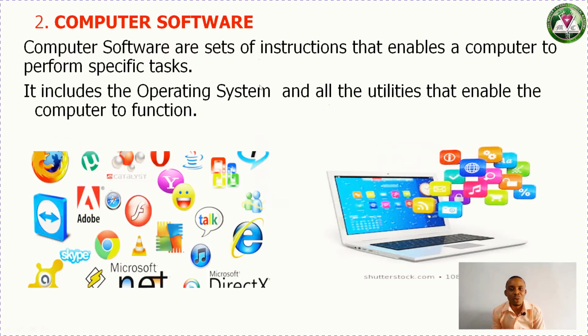What is computer software? We say that computer software are sets of instructions that enable a computer to perform a specific task. Here we say that they are sets of instructions. Now when you are talking about sets, you are not talking about one thing. That thing is more than one, at least from 2 upwards.